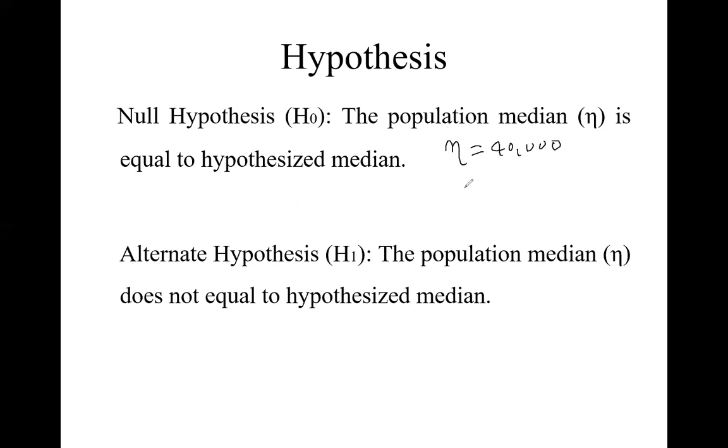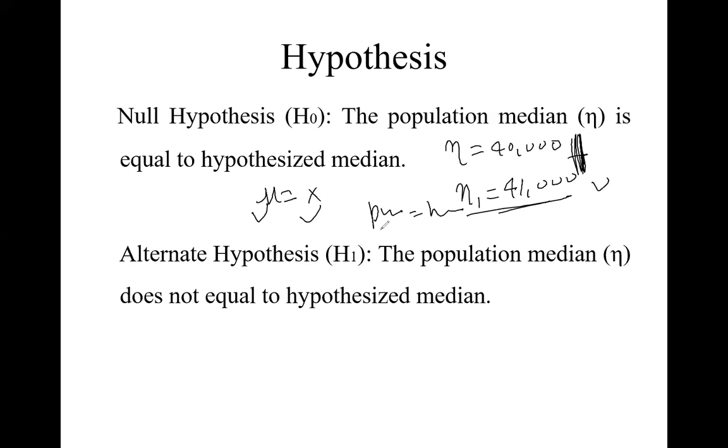Now we take another, eta 1, if the median is 41,000 kilometers. Whether this difference is significant or not? Initially, as in a one sample parametric test, we take the population mean equal to the sample mean. Same as here, the population median is equal to the hypothesized median. So we check whether there is a difference in the median, but is it significant or not?